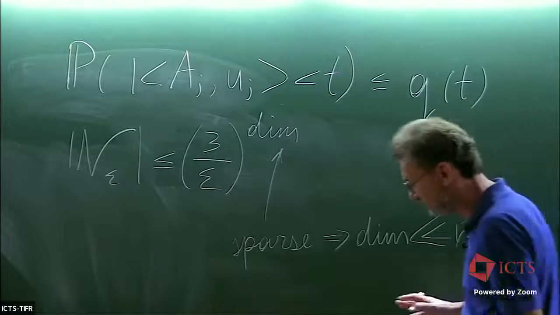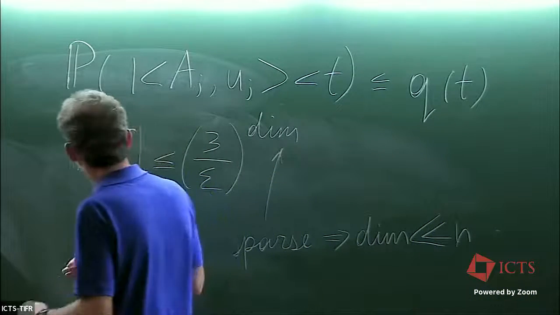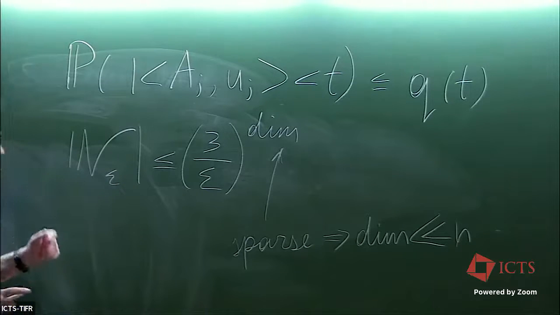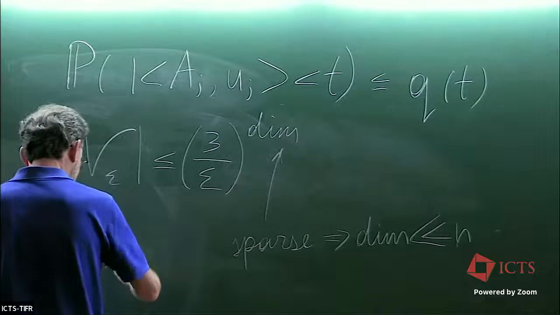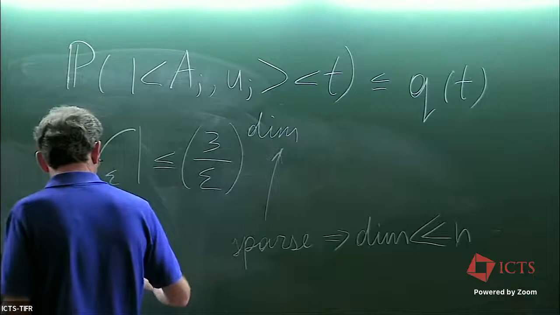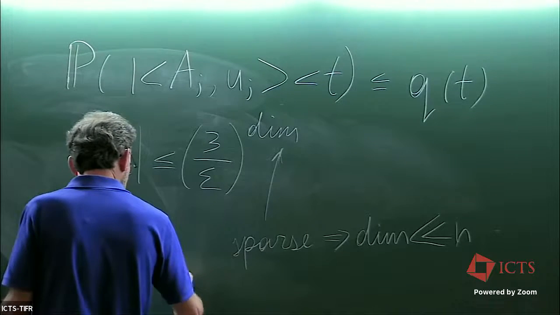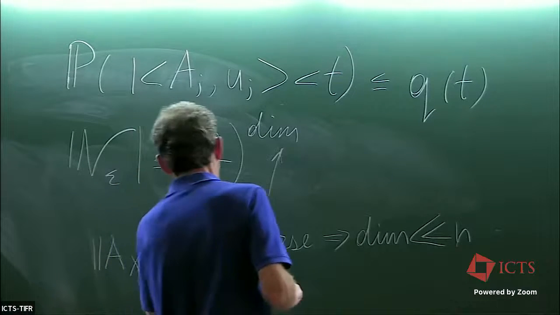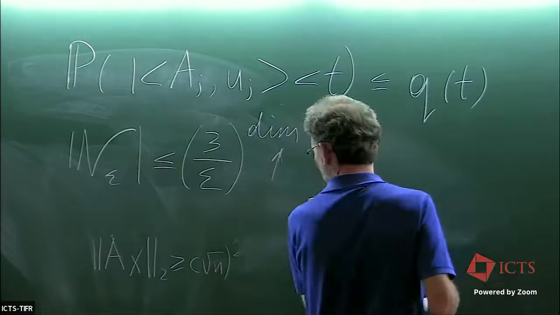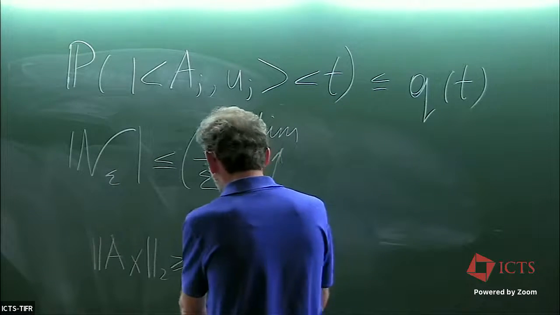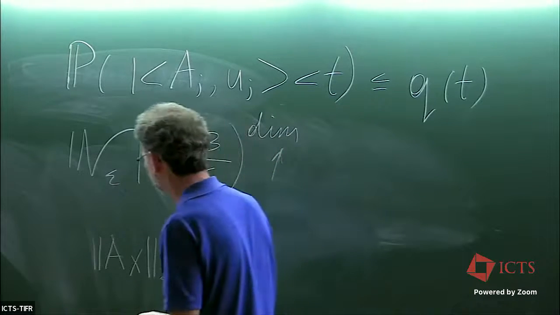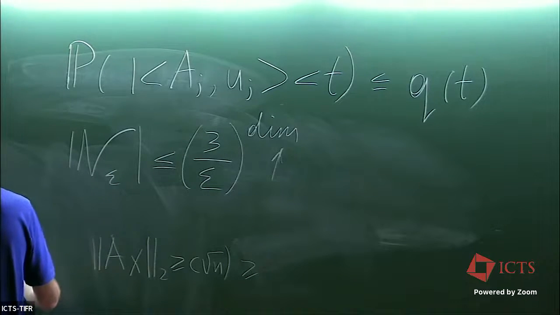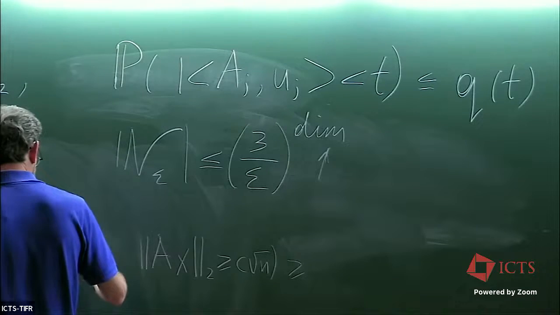And if the vector is sparse, we can conclude that the norm of Ax is greater or equal than c square root of n with probability close to 1 for all x sparse.